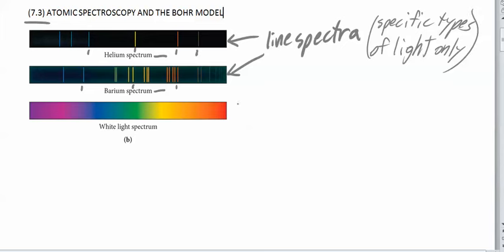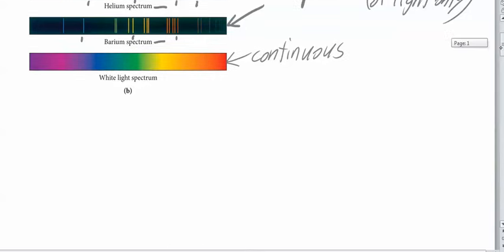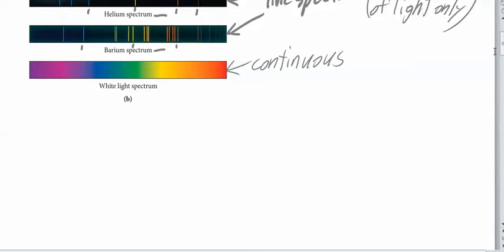That's in comparison to a continuous spectrum. If it emitted every different color of light, it might look more like this continuous spectrum. So why is it that atoms have these line spectra and not continuous spectra?